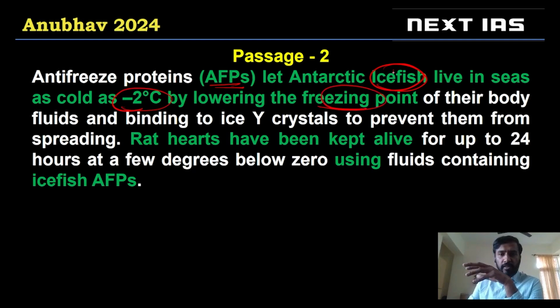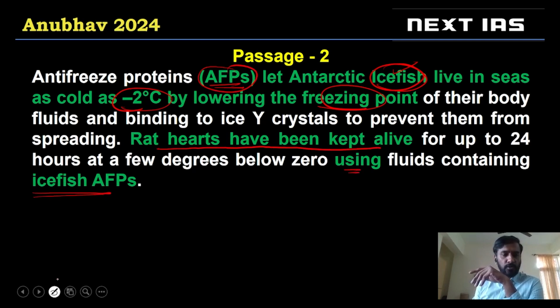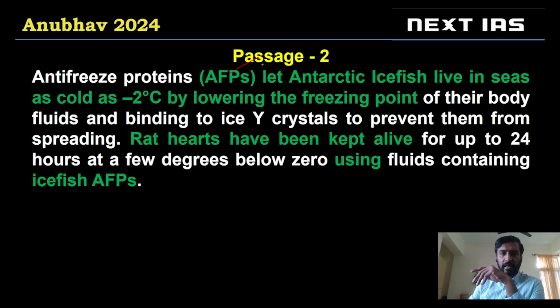Now, using these ice fish AFPs, rat hearts have been kept at very low temperatures, right? Below zero, using ice fish AFPs. So if we just read the words in green, AFPs let Antarctic ice fish live in seas as cold as -2 degrees. And rat hearts have been kept alive using ice fish antifreeze proteins.